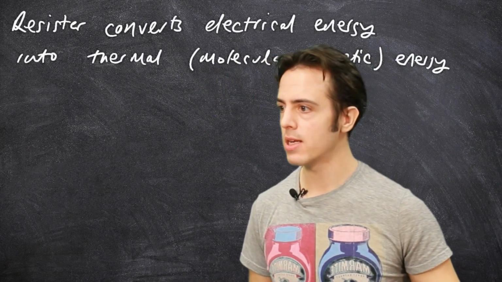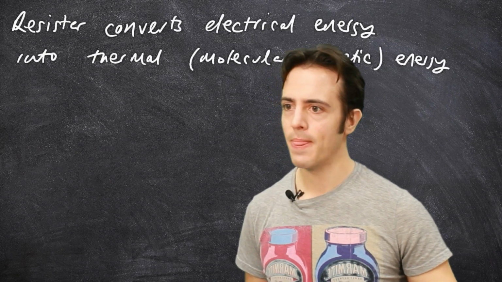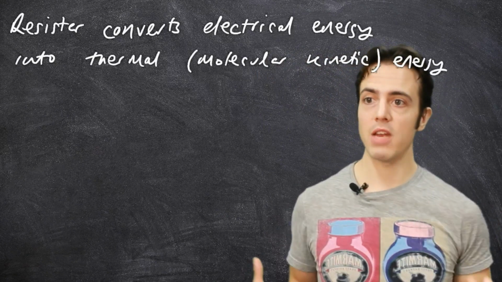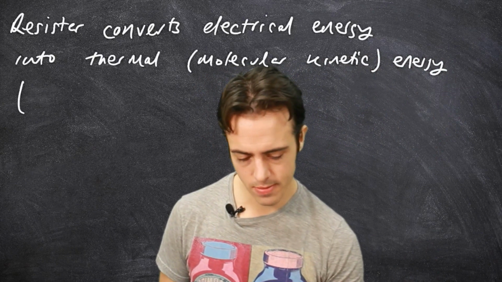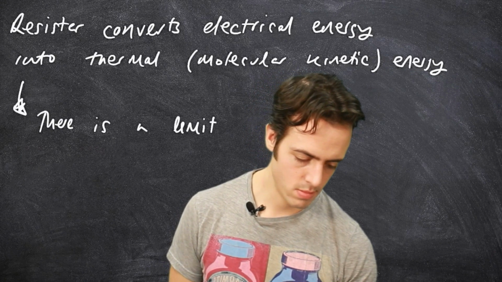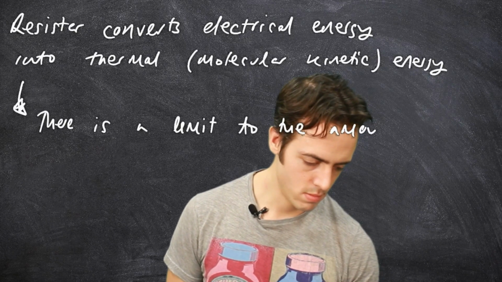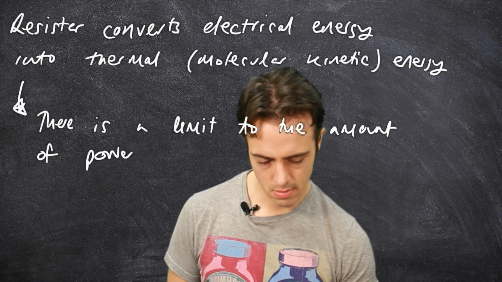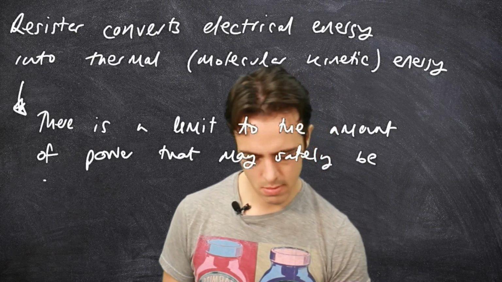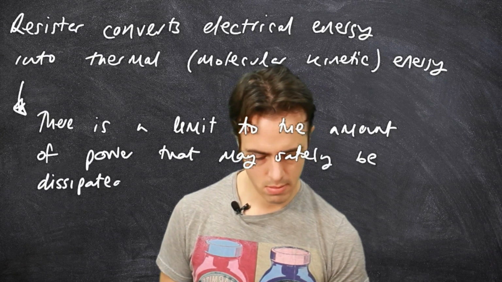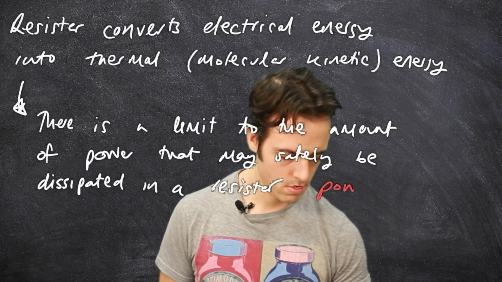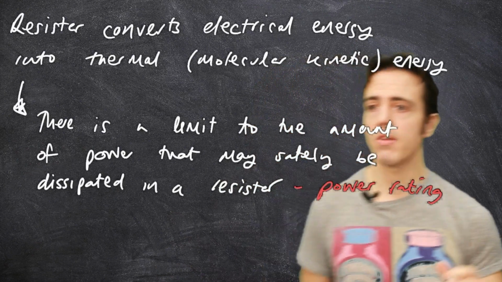So each of these resistors has a power rating. Each is only capable of converting a certain amount of energy per second, and that gives us the power rating of the resistor.